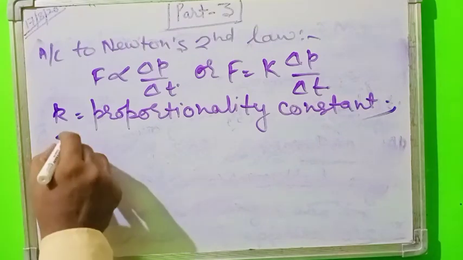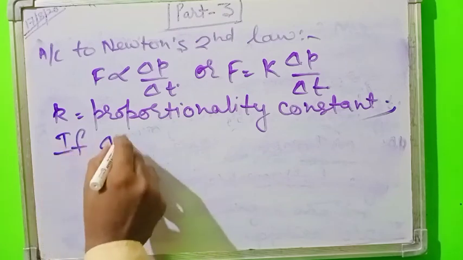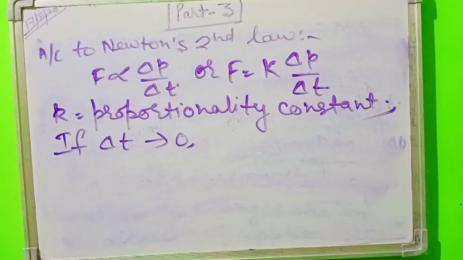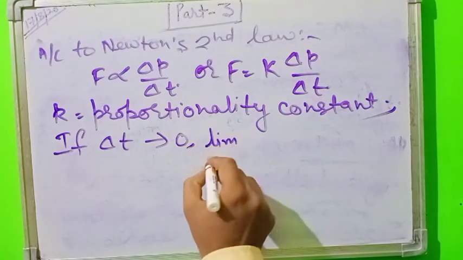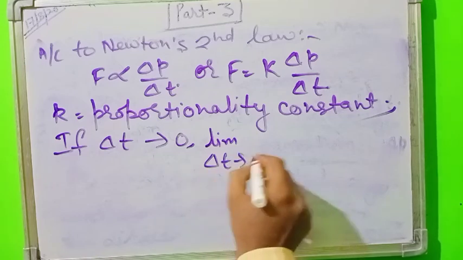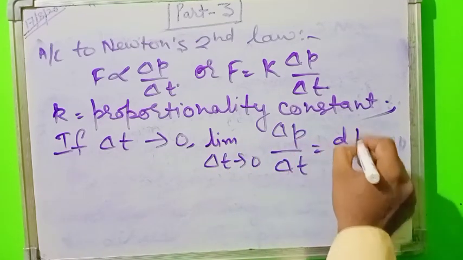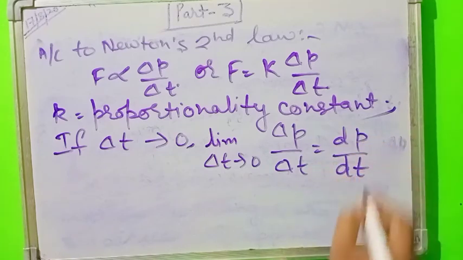If delta t tends to 0, then the limit of delta p upon delta t can be written as dp upon dt.